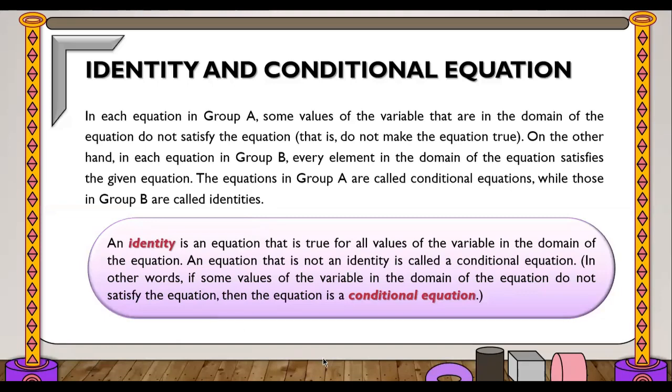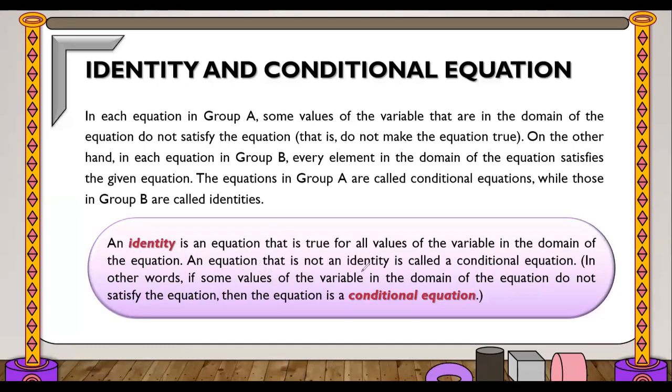By definition, an identity is an equation that is true for all values of the variable in the domain of the equation. Ibig sabihin, kahit anong domain x na gamitin mo, magiging true pa rin yung left and right natin for all domain x. So kapag ganun yung type na equation, tinatawag siya na identity.